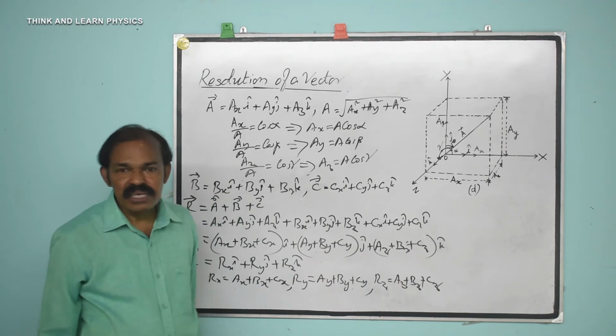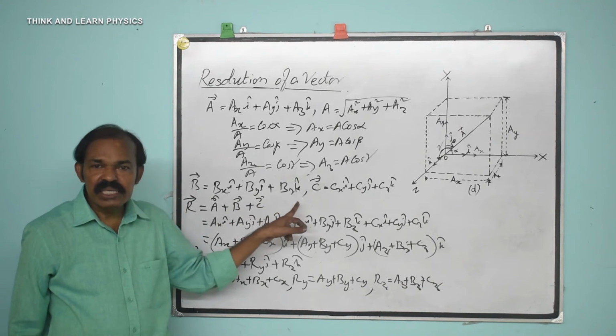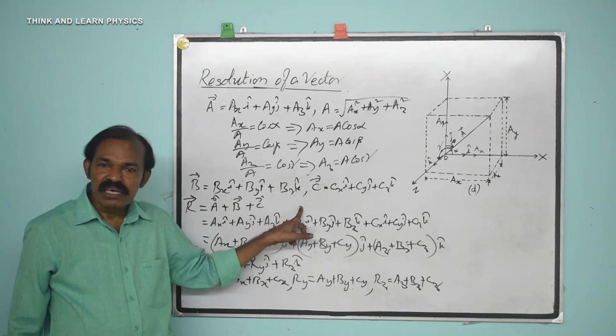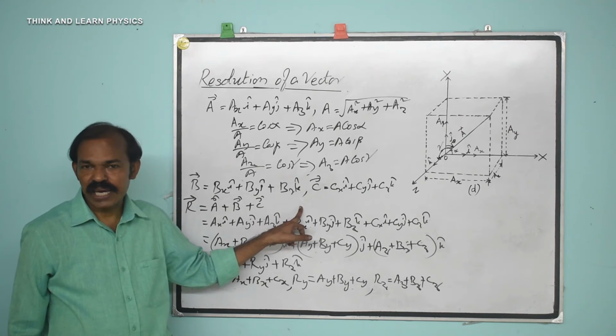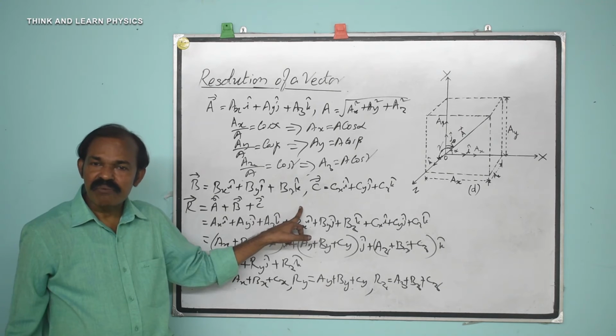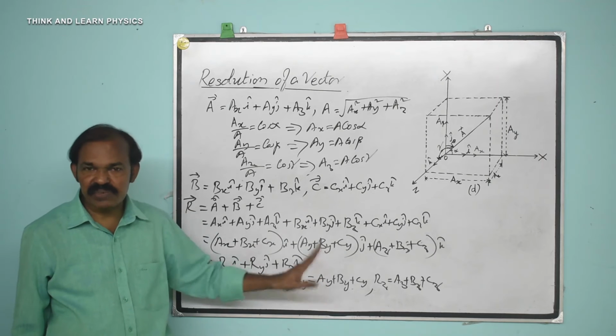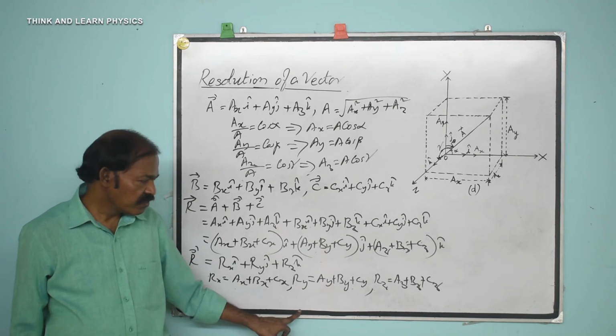So, in order to add three vectors, we can express them in terms of the rectangular unit vectors i cap, j cap and k cap, and then we can find the vector sum by adding the respective components along x axis, y axis and z axis.